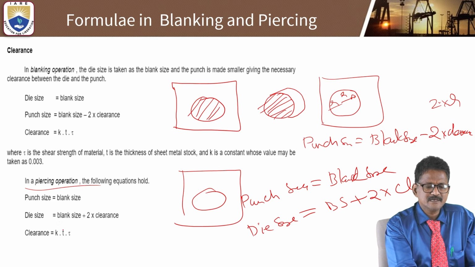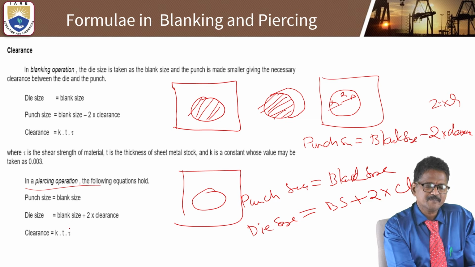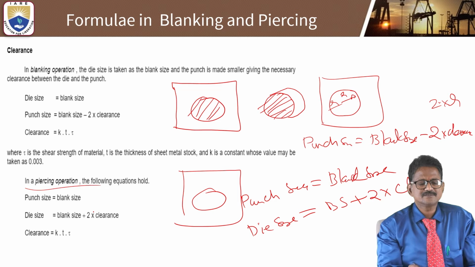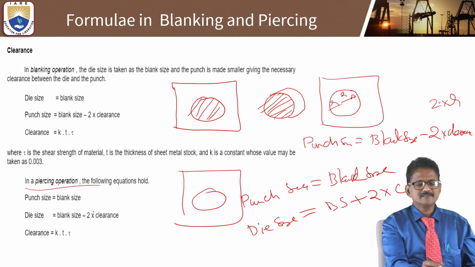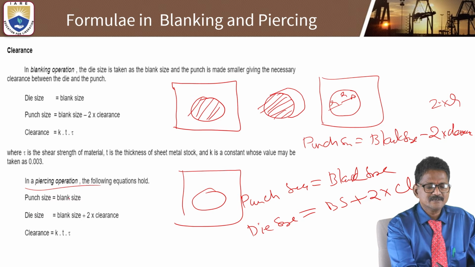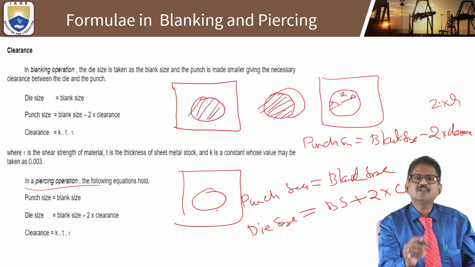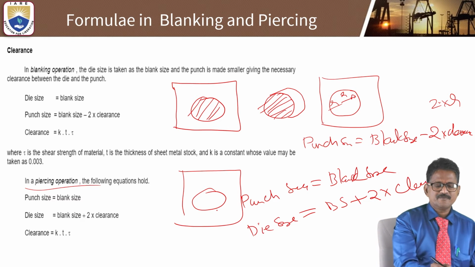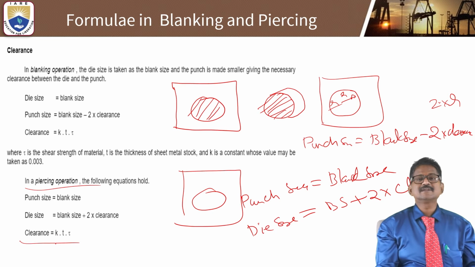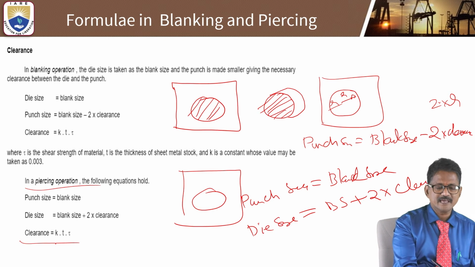In piercing, the punch size is the blank size, and the blank size is equal to the die size minus 2 clearance. That is making a hollow portion, making holes. And finally, the clearance is nothing but k t tau, where k is the constant factor, almost 0.003.